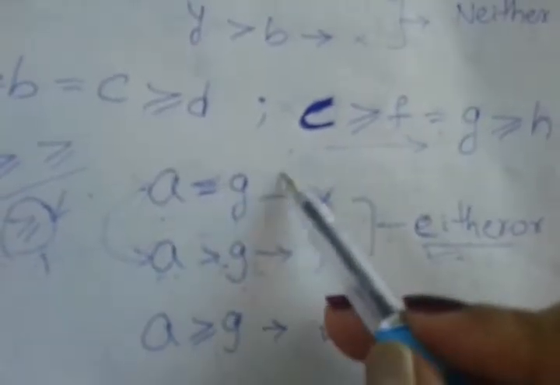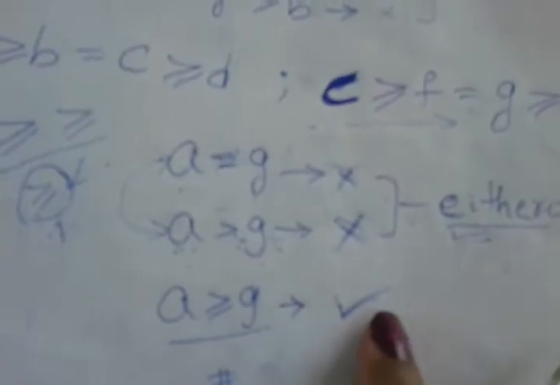So either 1 or 2 is my answer, and one more they have given, A is greater than or equal to G. Directly we have got greater than or equal to G, it's correct. But in this case, what we have to put as the answer is 3 definitely and either 1 or 2. I can't say only 3, only 1, or only 2 as my answer.